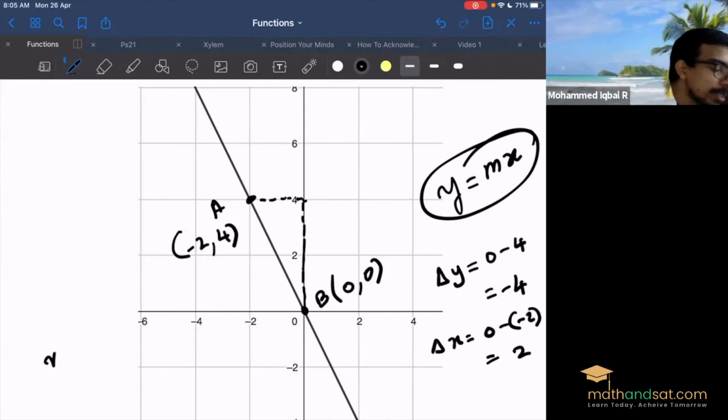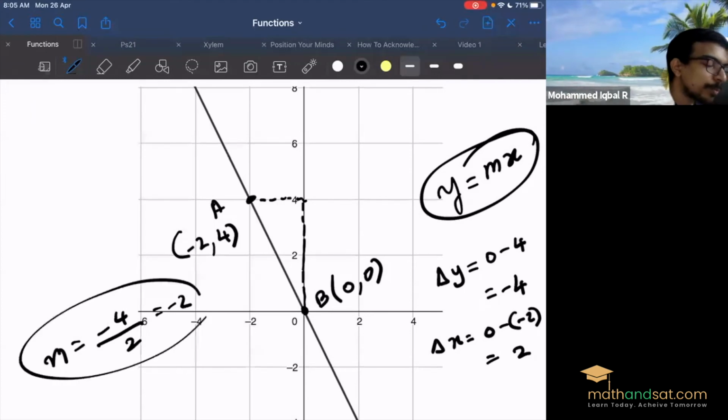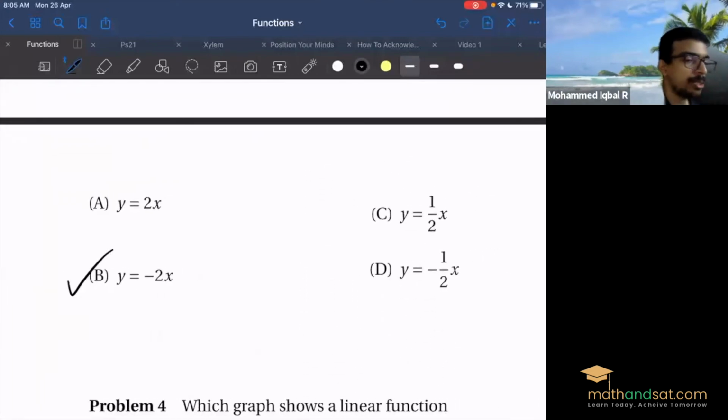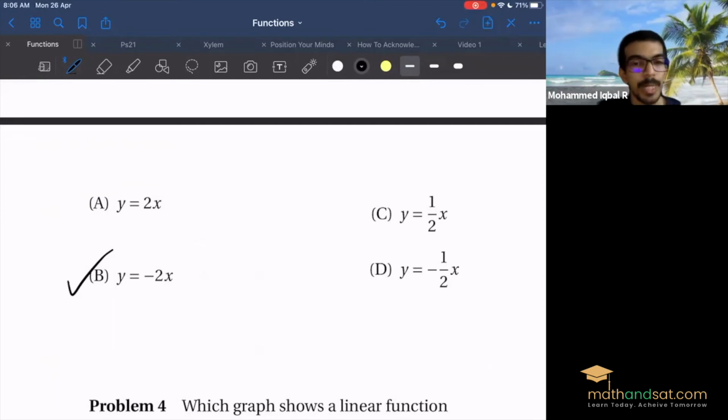Now your slope is minus 4 over 2, which is minus 2. y is equal to minus 2x will be the answer. Got it?